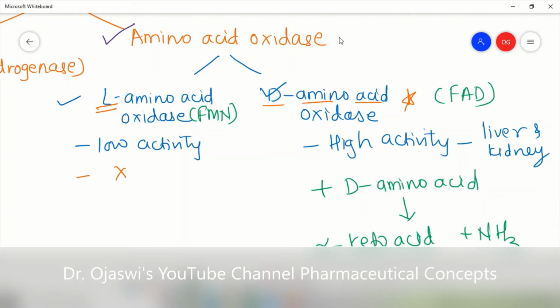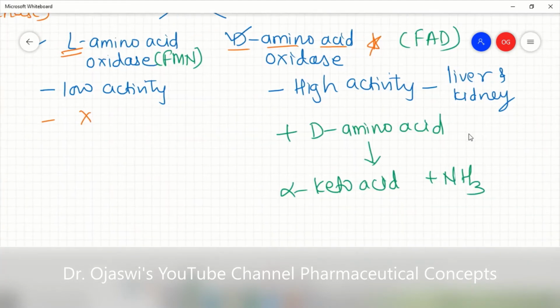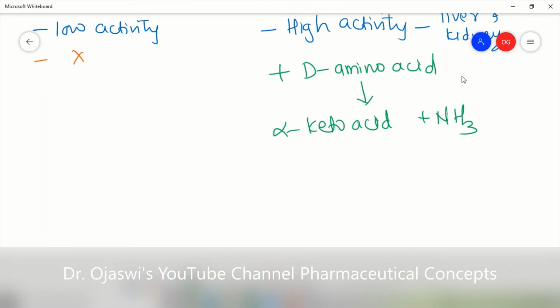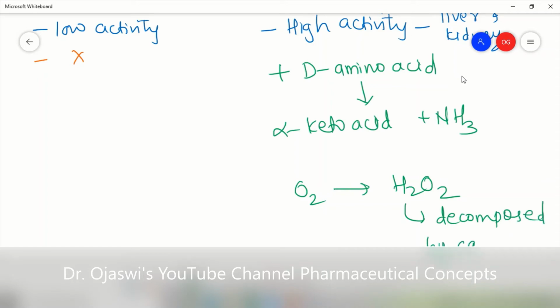During this process oxygen is reduced to H2O2, and that H2O2 is further decomposed by the enzyme catalase.